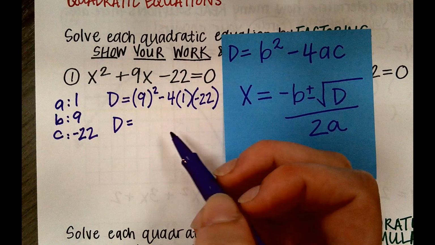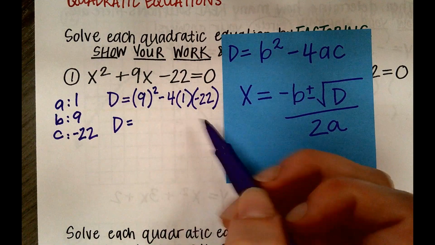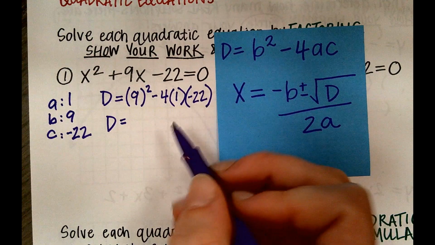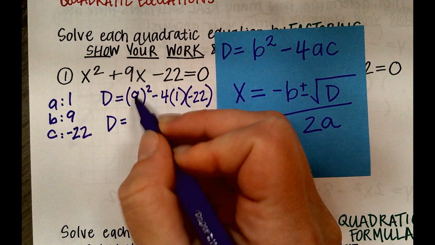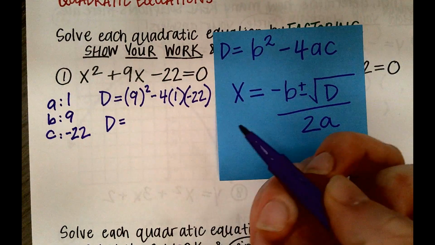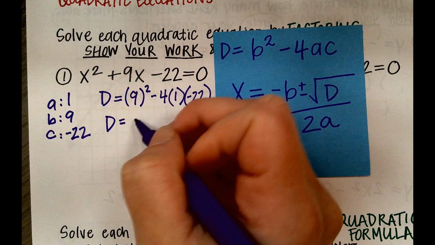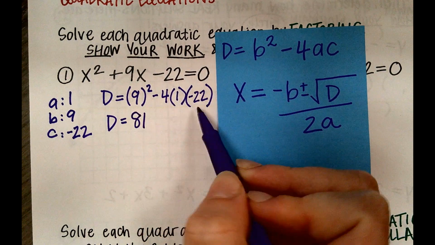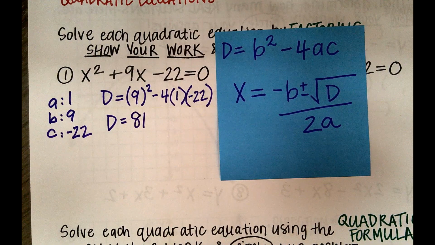Yes. It's 169. The discriminant? The discriminant. Oh, no, 81 plus 88. Yeah, okay, so 9 squared, that's 9 times 9, which is 81. And the next part, 88. Positive 88.